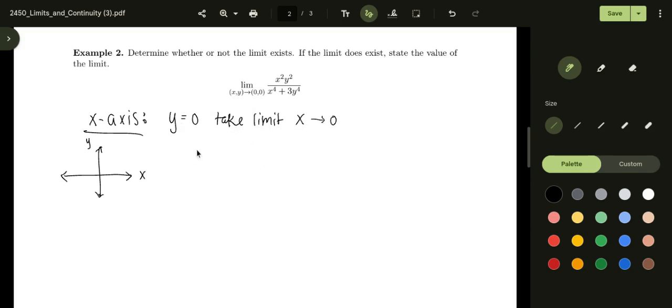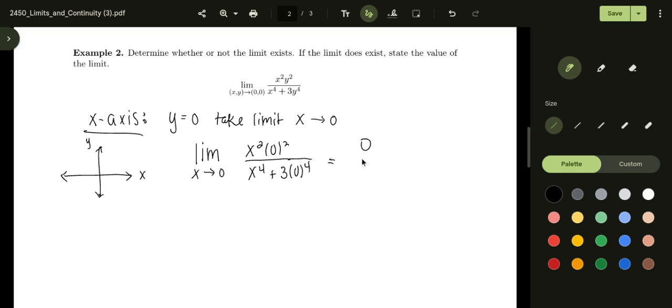All right, so now we're going to rewrite this limit. We're taking it as x approaches 0, and now we're substituting in 0 for y in our function. So we still have x squared, but now times 0 squared over x to the fourth power plus 3 times 0 to the fourth power. Well, our numerator simplifies to 0 because we have x squared times 0.